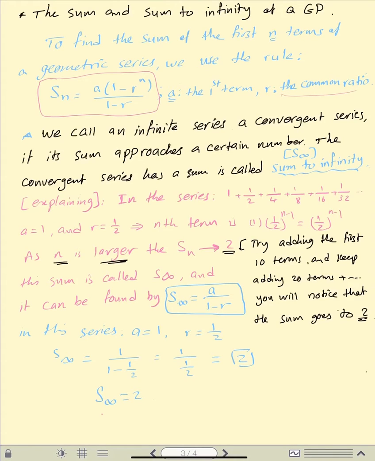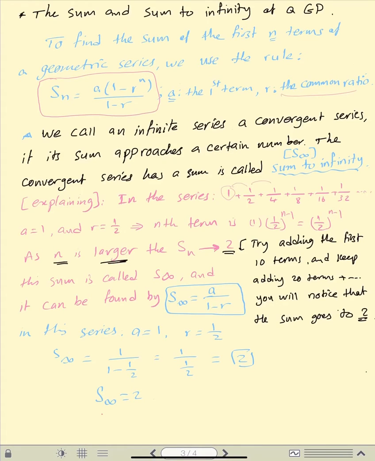What do you mean by the sum to infinity? We don't need to go deep in this, but I just explained to have a clue what sum to infinity means. In the series 1 plus a half plus a quarter plus 1 over 8 and so on, a is 1, the first term, and r is a half.